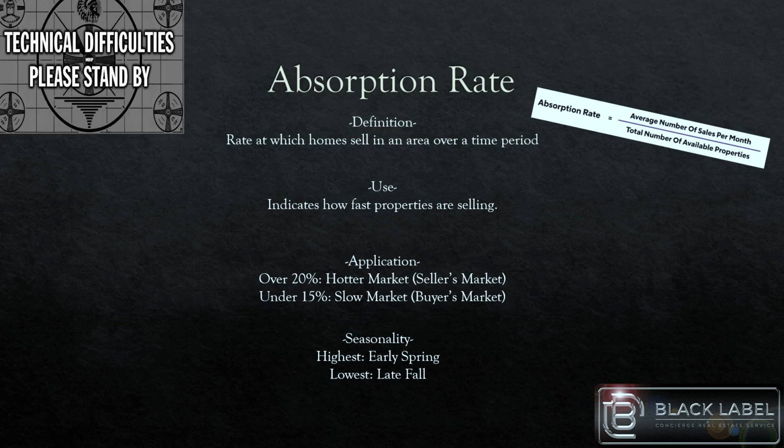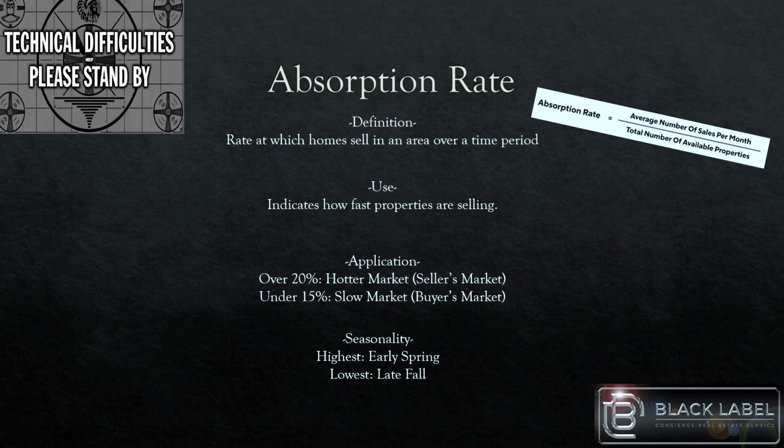Anyway, seasonality, it does change a little bit. The highest absorption rate is usually in early spring, and that's because a lot of buyers are chomping at the bit to actually buy property. So you'll see this go up in early spring, and because it does take some time to put a property on the market, usually we don't see a lot of those actually hit the market until late spring, early summer.